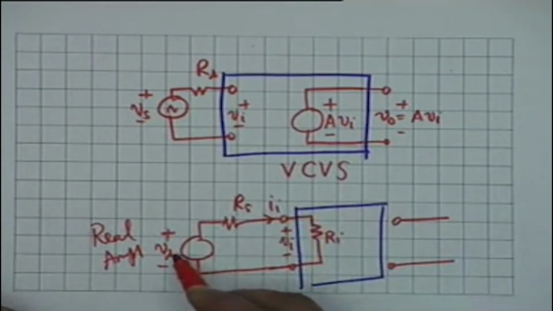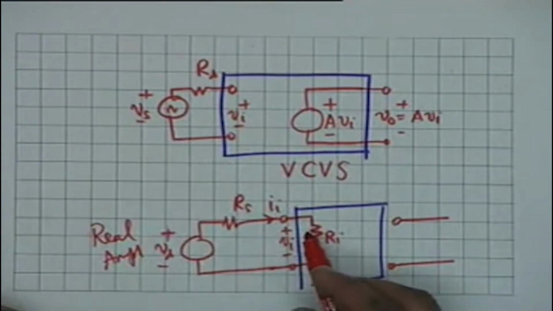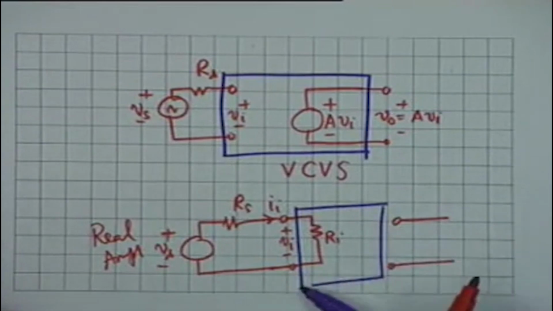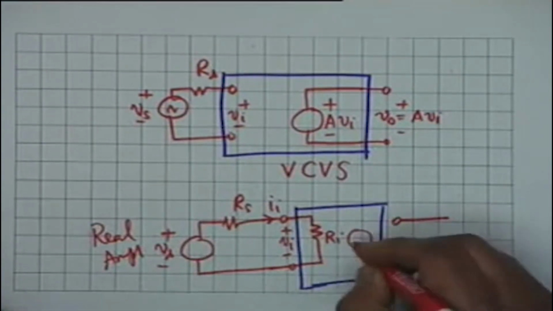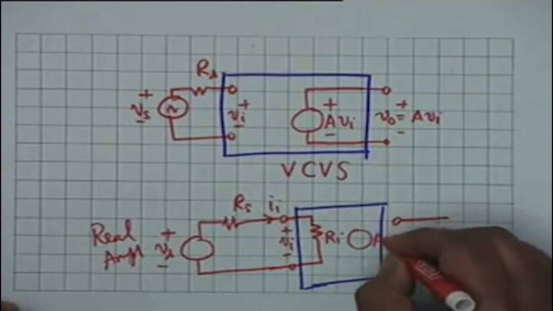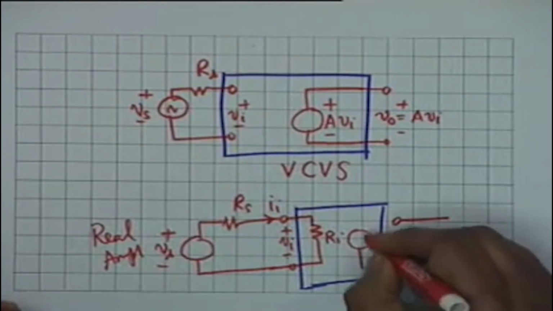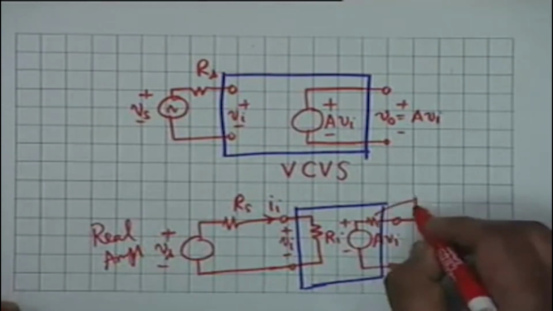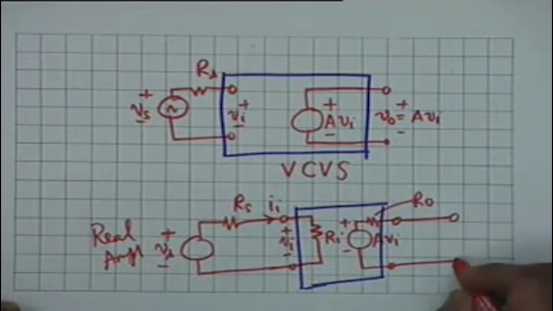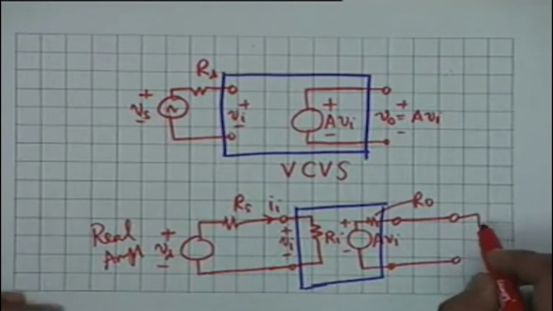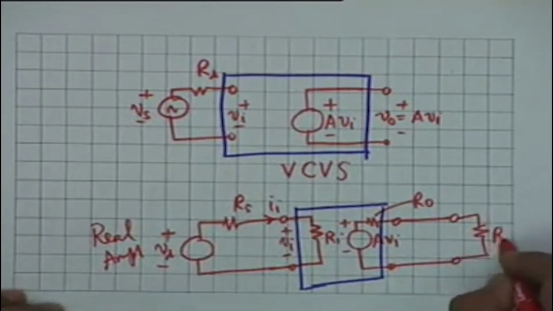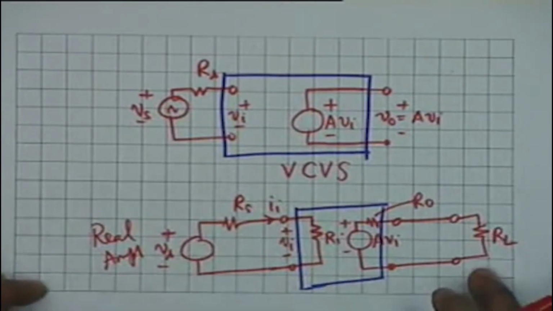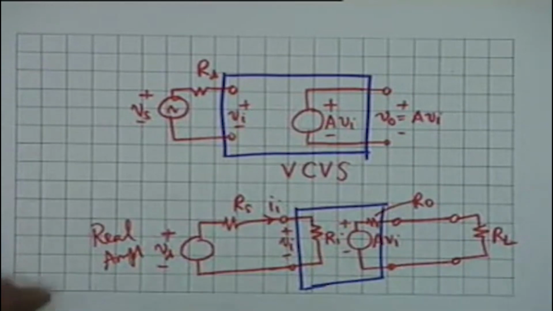It is given by Vs divided by Rs plus Ri. And the output is a voltage controlled voltage source A Vi, but it does not come with an internal resistance of 0, it comes with an internal resistance of R0, and these are my load terminals to which I can connect a load RL. This is the model of a real amplifier.